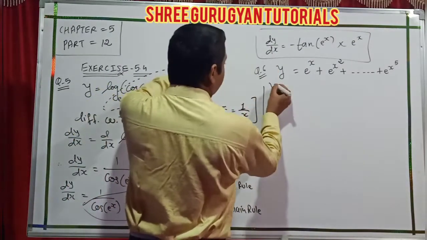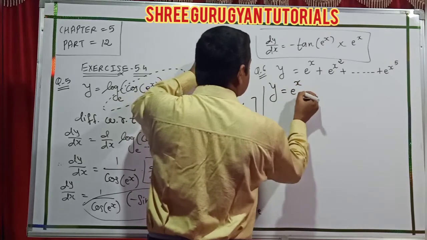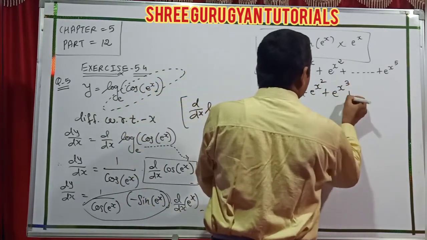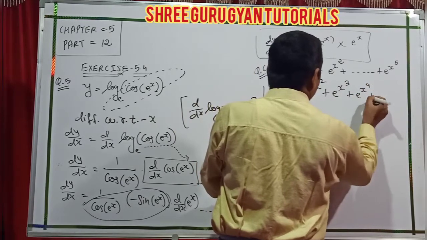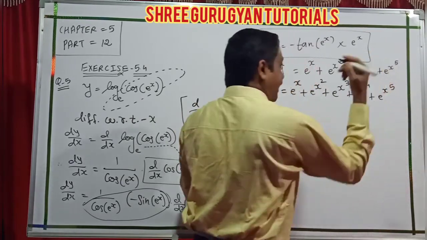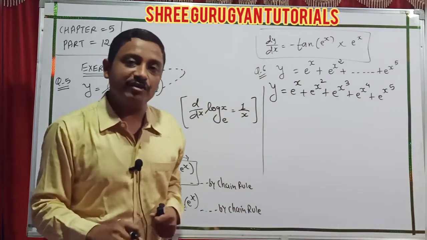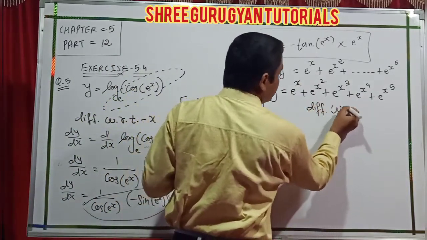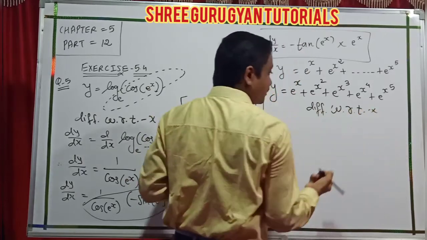First of all, y equals e raised to x, x square, x cube, x raised to 4, and here x raised to 5. Actually the internal functions are missing in the given question. Now I start differentiation with respect to x.